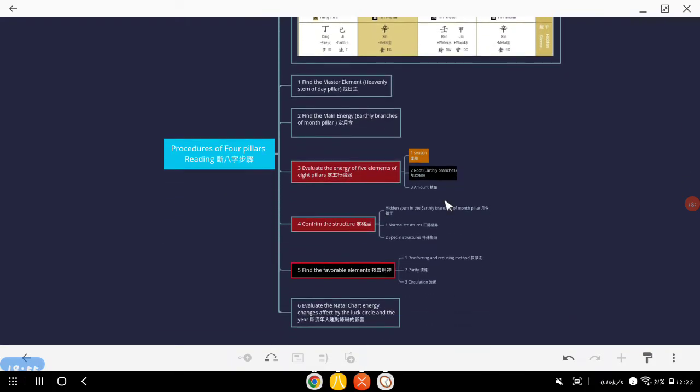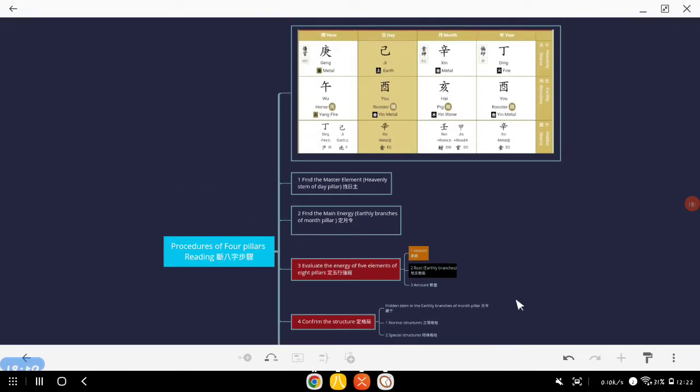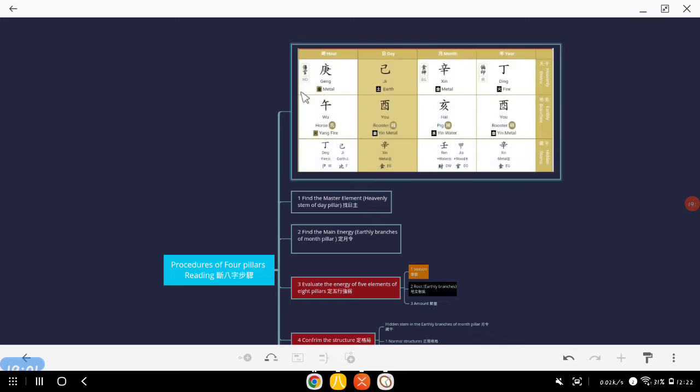Okay, so the third is circulation. Circulation is also important here, but this is not a good example of circulation. We can say, for example, this fire counters metal. If the earth jumps in, because earth is the friend, but actually the friend star won't do circulation here.